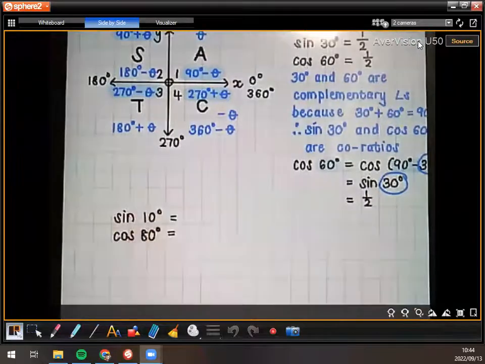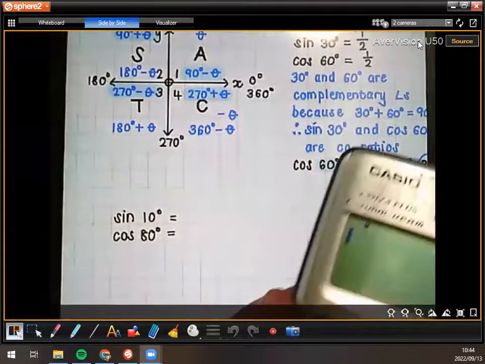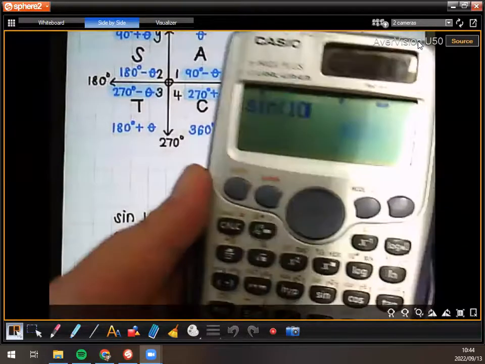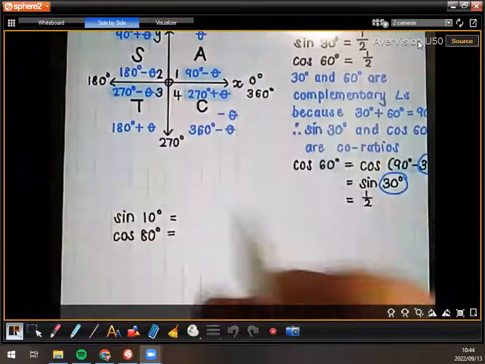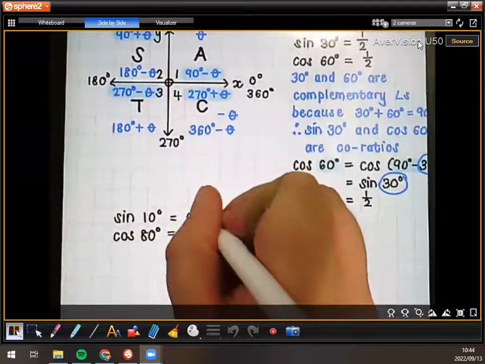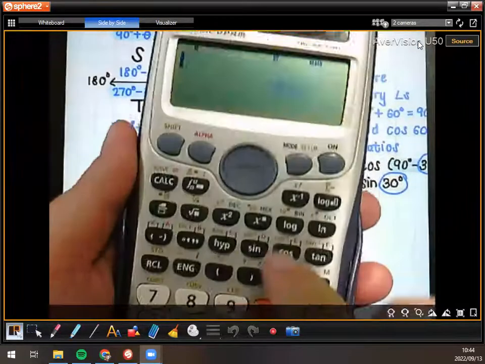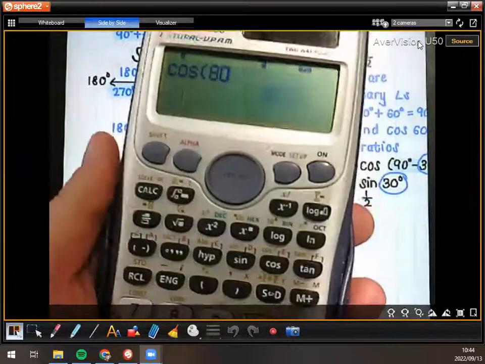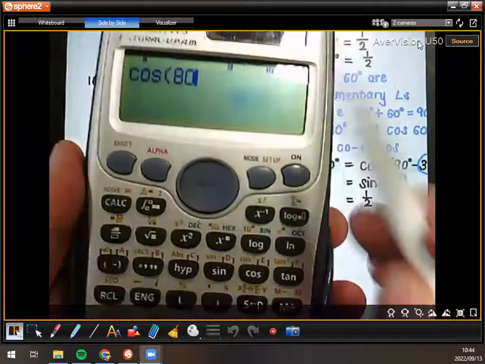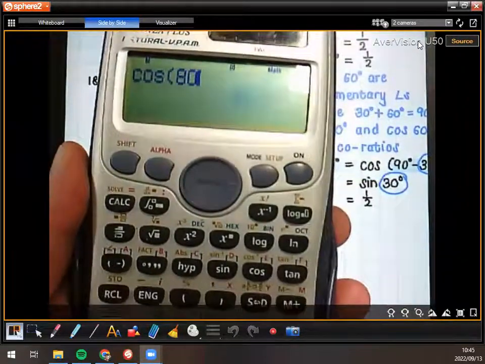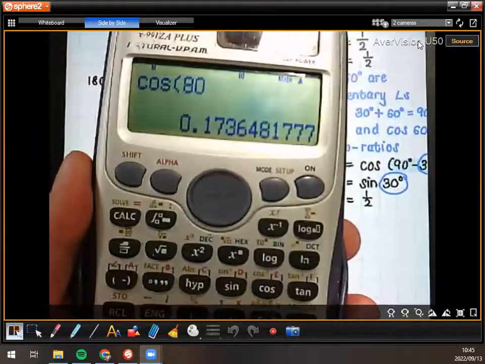So let's see if we get the same answer for these two. Sine of 10 is 0.17. Then cos of 80, we use cos for the other one, and it is also 0.17.